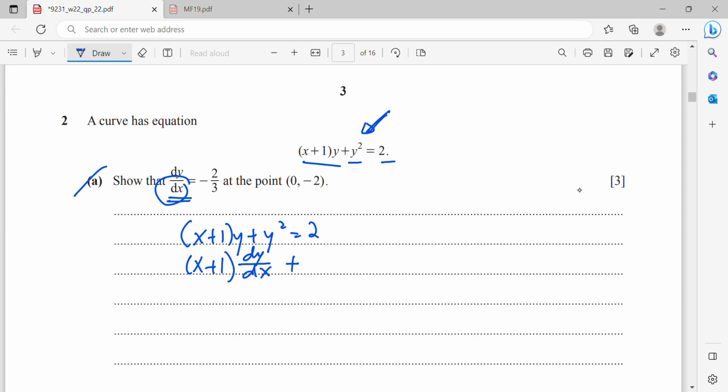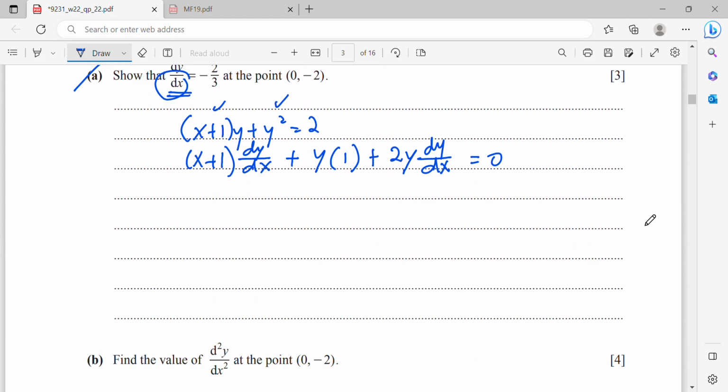Then plus, keep the y and differentiate x plus 1, which is 1. And then plus, when you differentiate y squared, it will be 2y, multiplied by dy/dx. The right-hand side, 2, becomes 0 because it is a constant.